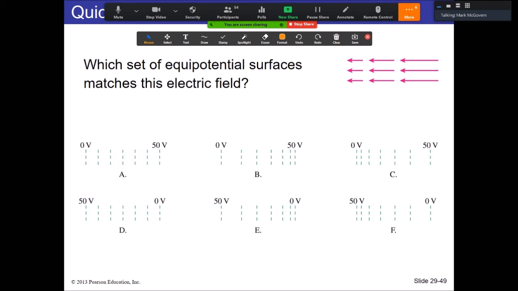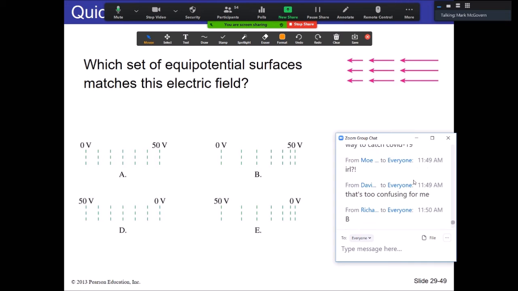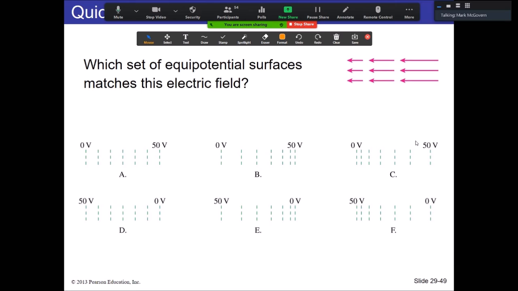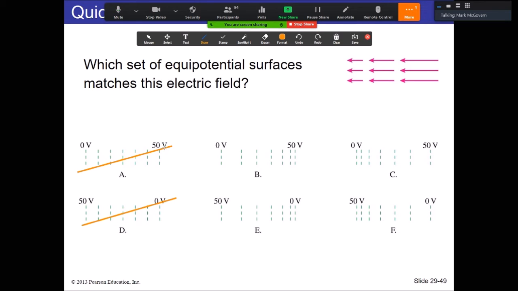So think about this. A lot of you like B, and there's another C in there. Can we rule things out? Let's rule some things out. I don't like A or D at all, so they're gone. Why? Because they're showing equally spaced lines, and that would mean your electric field should be a constant.